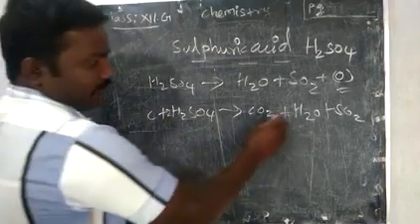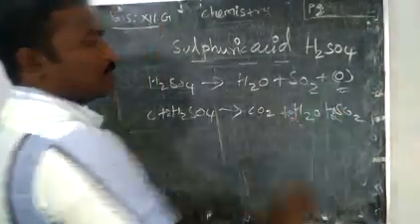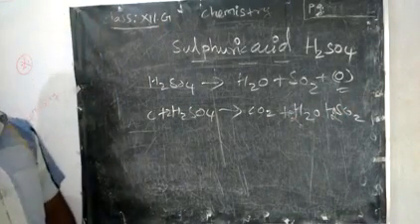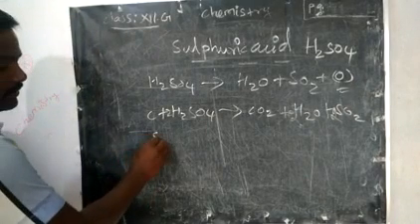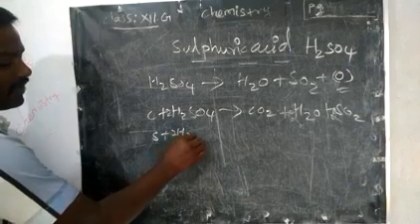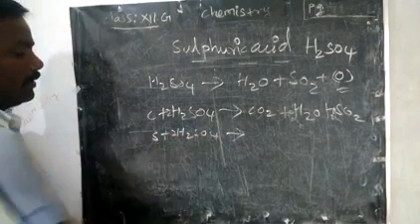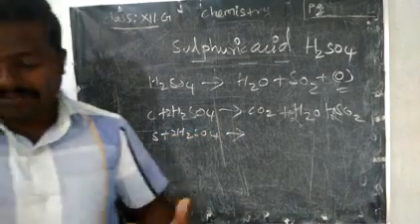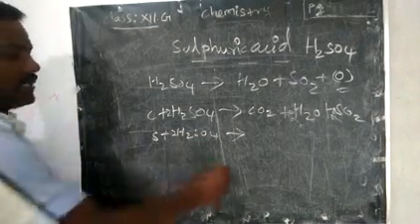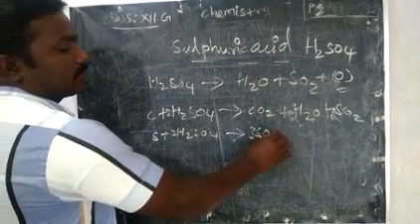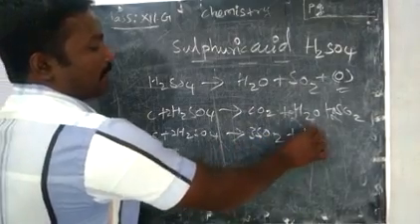So 2 moles of water and 2 moles of SO2 will form. Right. Next, the reaction of sulfur with sulfuric acid. Yes, with 2 moles of H2SO4, now we will get sulfur dioxide, SO2. But here 3 moles, along with water.